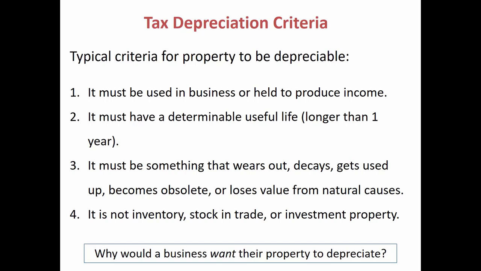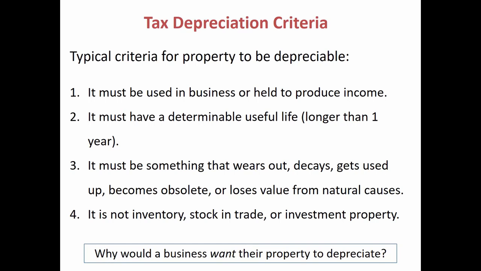And so if your company earned $1 million in profits, but during that same 1 year, the equipment you used to generate those profits depreciated by $500,000, then you'd only have to pay taxes on the remaining $500,000. And so that's an illustration of why a business wants a property to depreciate, is because it's tax deductible.